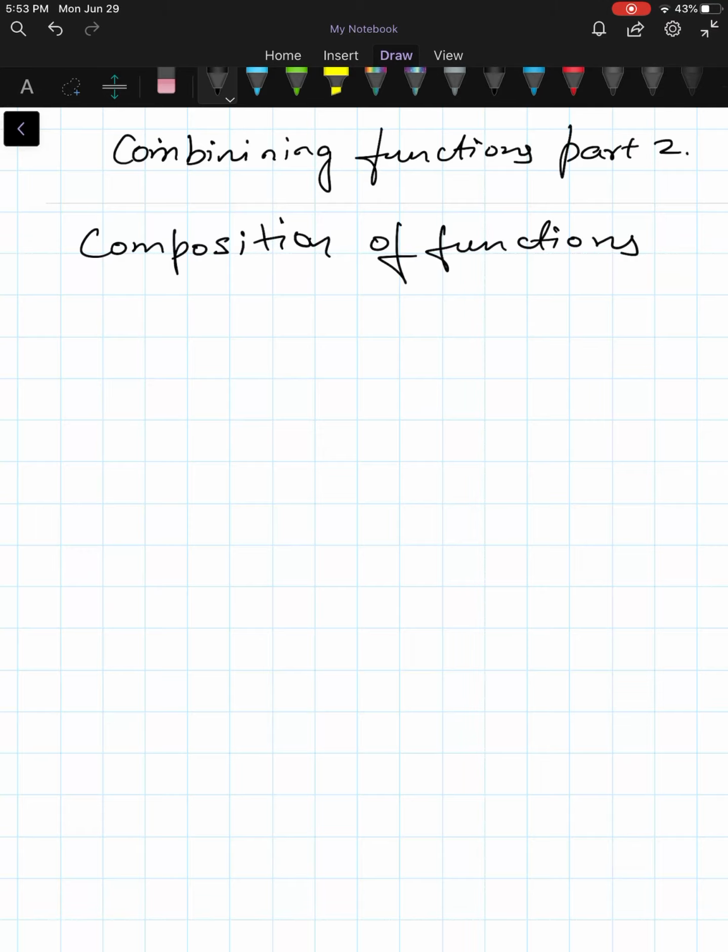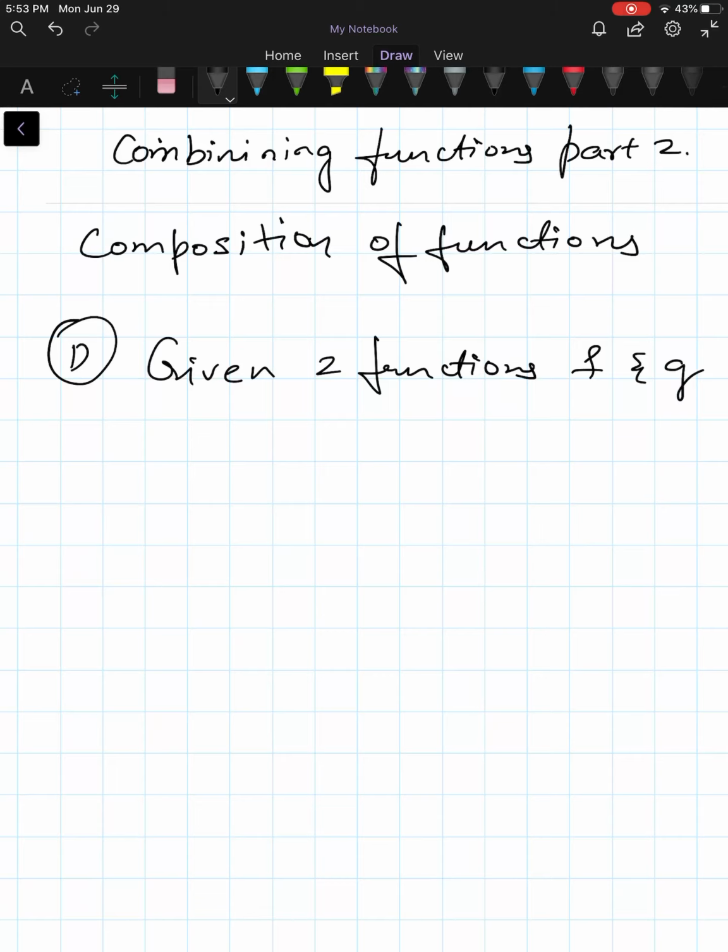Okay, so composition of functions is very different from product. Given two functions f and g, you can define the composite function.